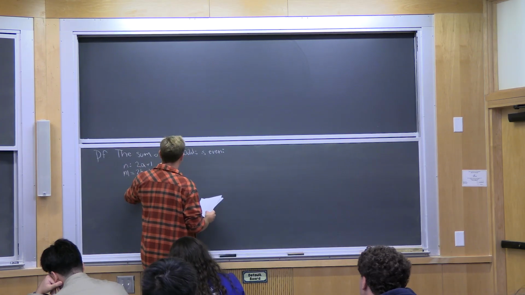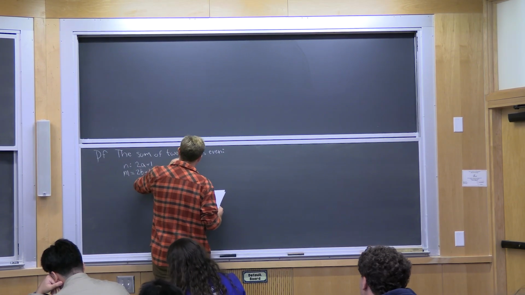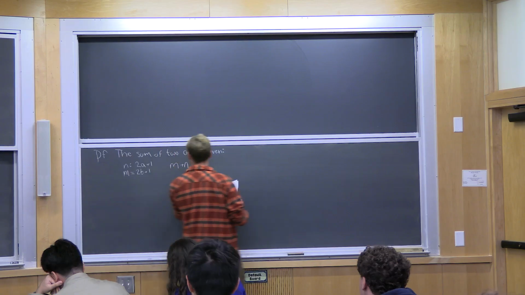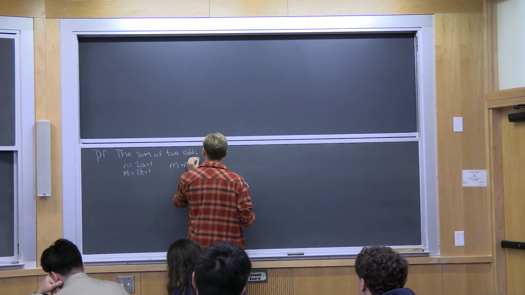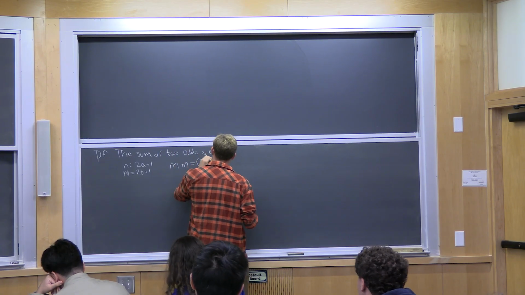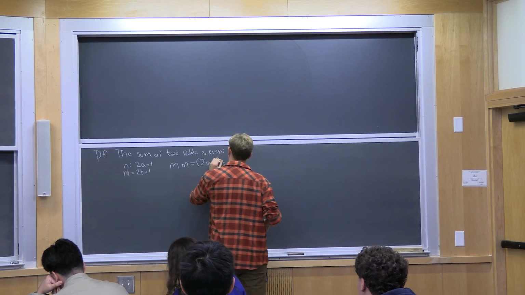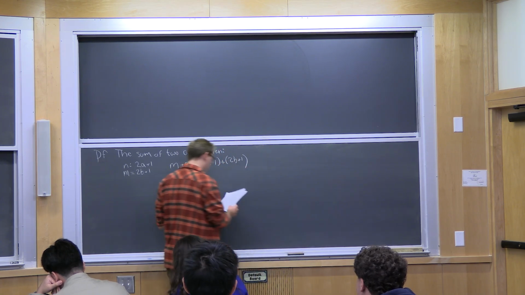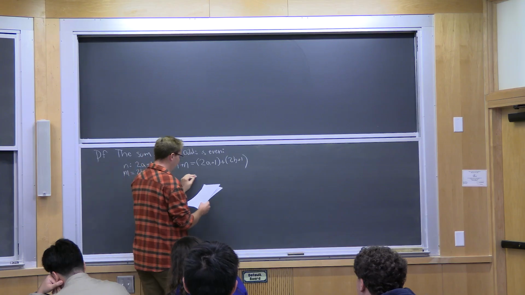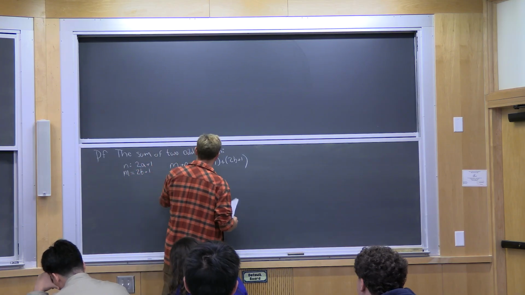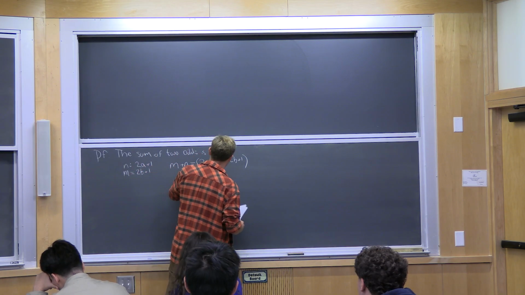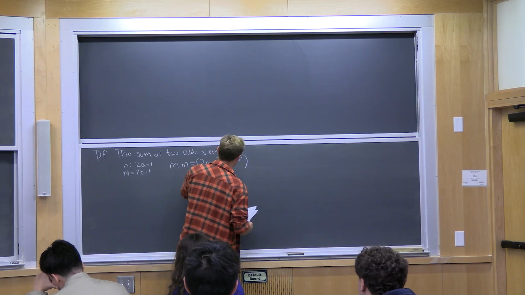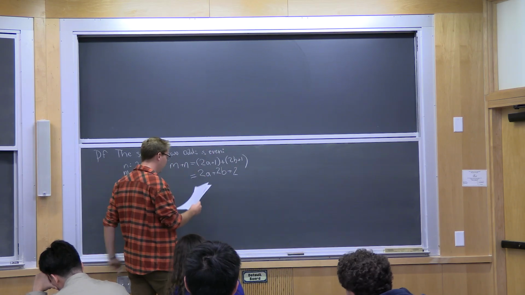So let's write out n plus m. This is equal to 2a plus 1 plus 2b plus 1. And then we can simplify this, 2a plus 2b plus 2.